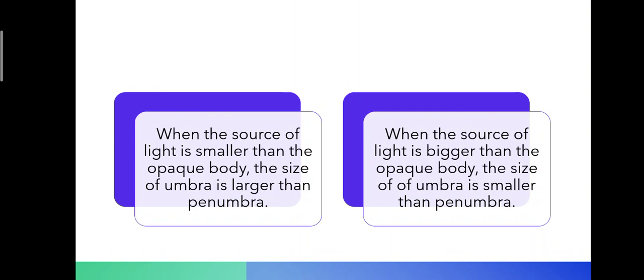Light is smaller, umbra is larger. Light is bigger, umbra is smaller. So when the source of light is bigger than the opaque body, the umbra is smaller than the penumbra. Opposite.